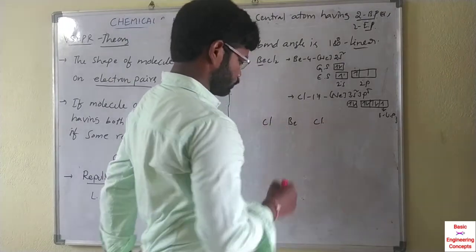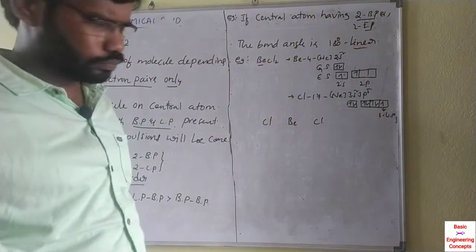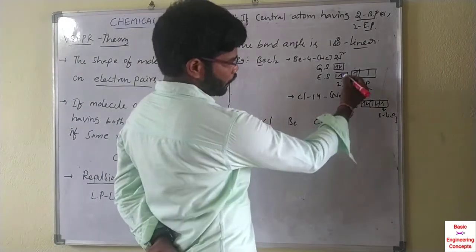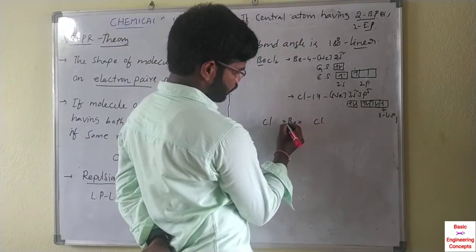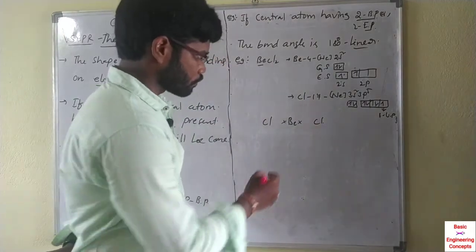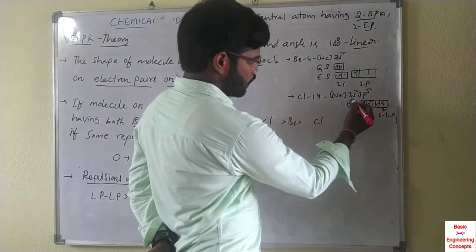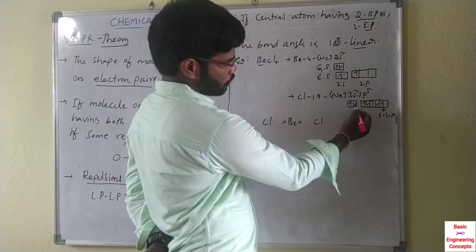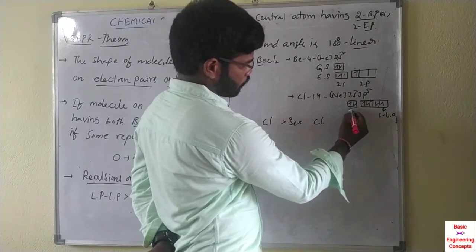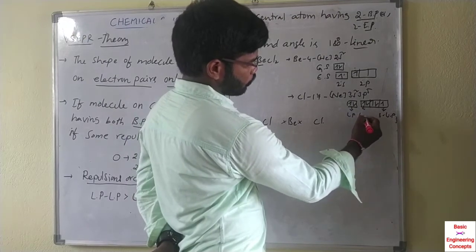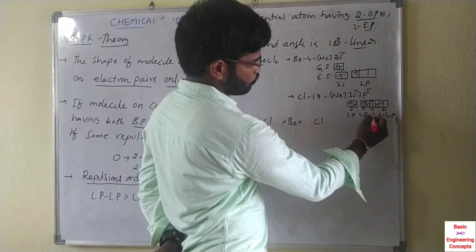Here beryllium has a single electron, and each chlorine has a single electron. There are 2 chlorines. This is the bond pair, and this is a lone pair, this is also a lone pair.